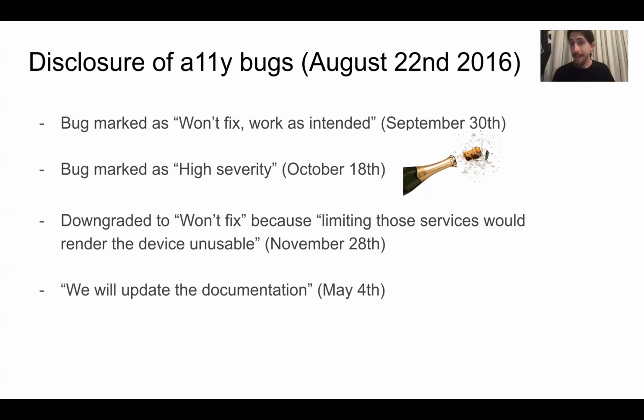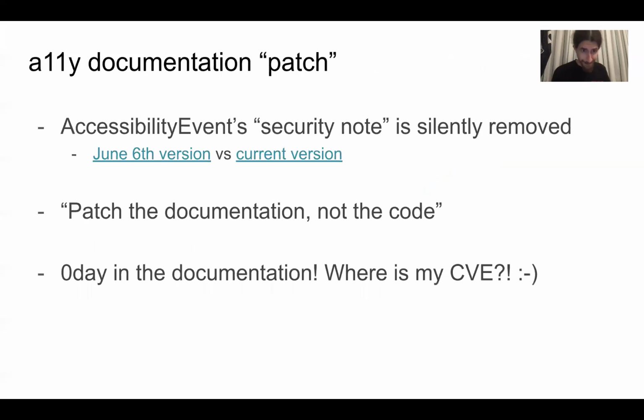Then later on, I complained again and said, guys, but check the documentation. It still says something, and now I can do it. And then eventually they replied with, we will update the documentation, which was super funny at that point. And the amazing part is that they actually did. So I checked, and there are two links here. The first one is the page where the security note was still there, saying you are not going to be able to leak the passwords.